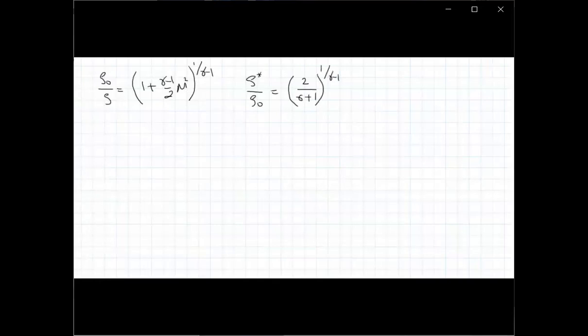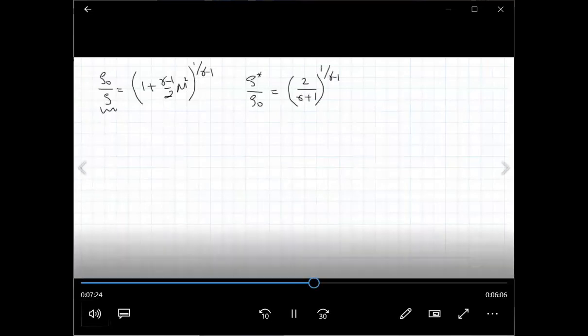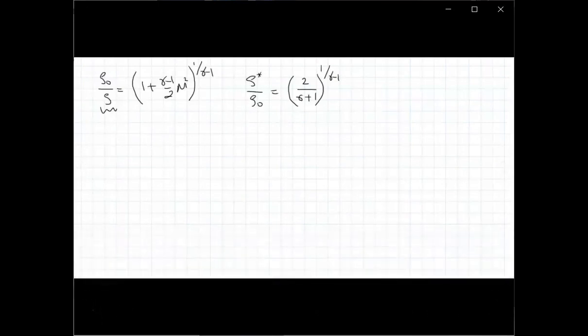So we have now obtained two relations, for rho 0 over rho and for rho star over rho 0, which are functions of either gamma or Mach number. The last one is the relation for u over a star.